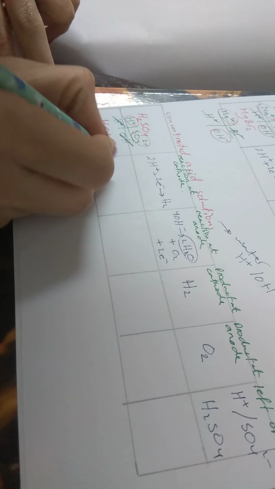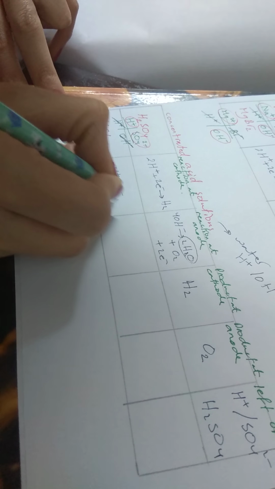for the HCl I have H plus, Cl minus, and from the water I have H plus and OH minus. At the cathode, H plus will react. Okay, I will omit any of them.